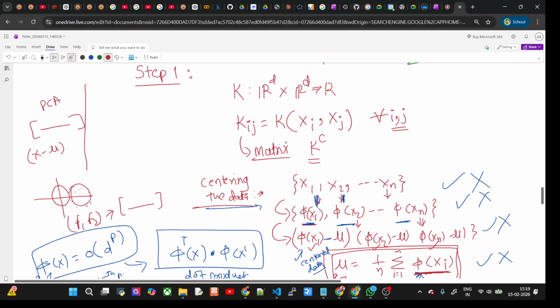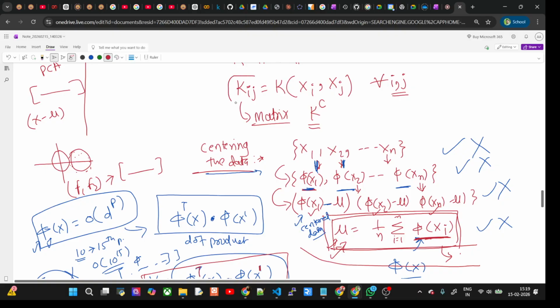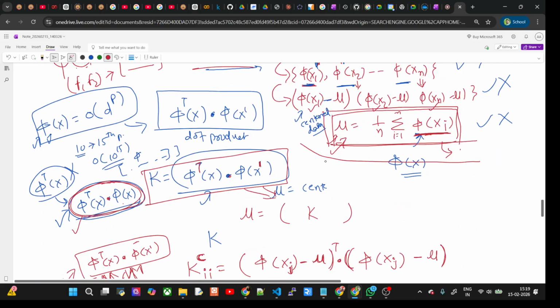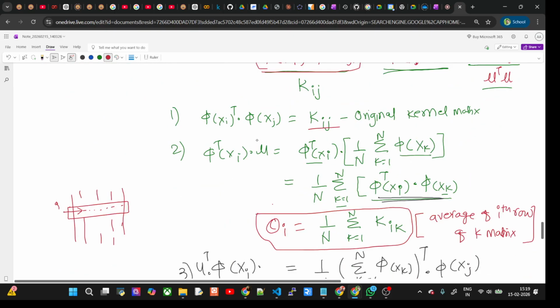The next point I mentioned is you center that K matrix. Whatever K ij you are having, you use that and you center this value.